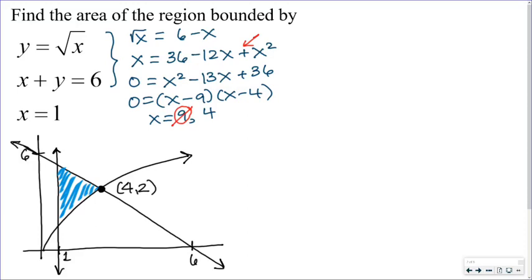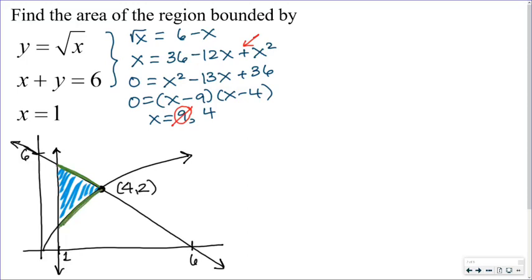Well, when I think about dividing this up into rectangles, I want to slice up and down. If I slice up and down, then I will always be starting at this line and ending at the square root function.